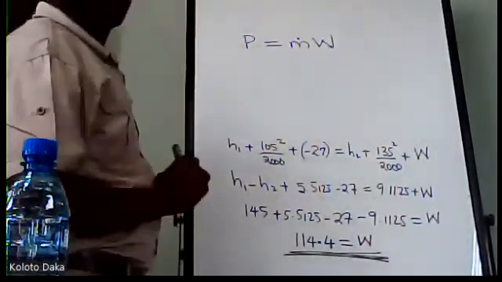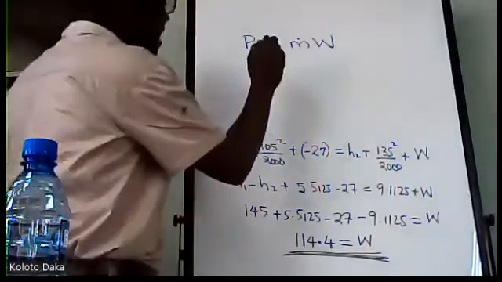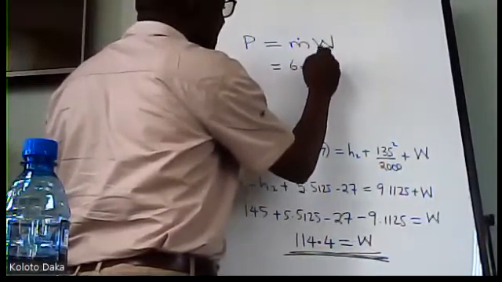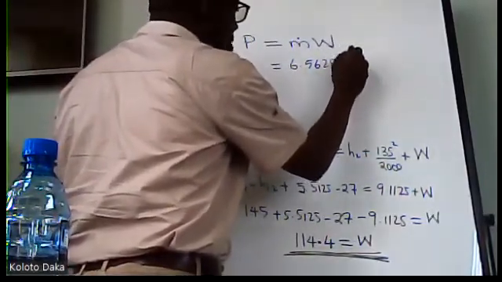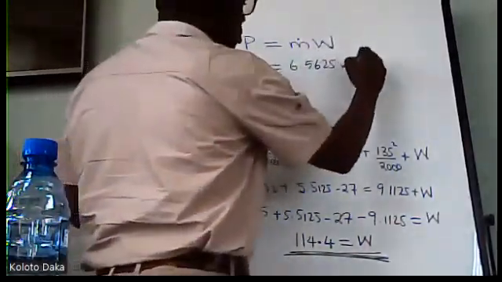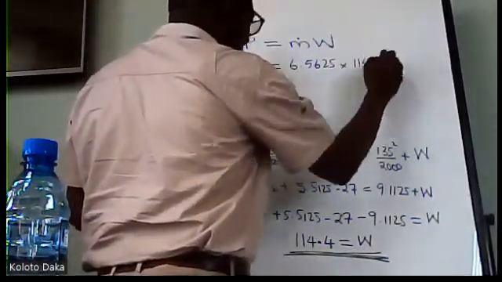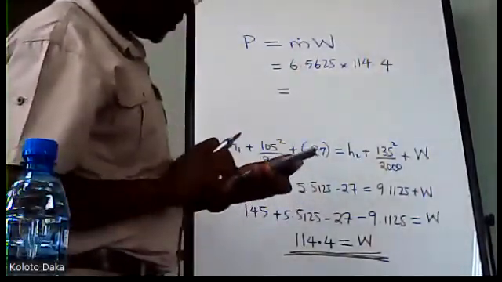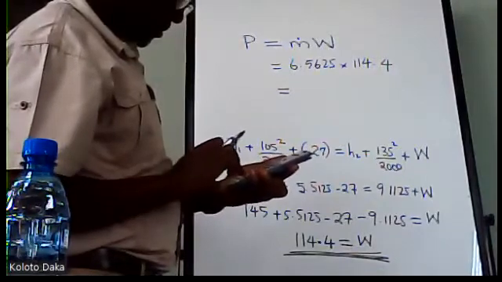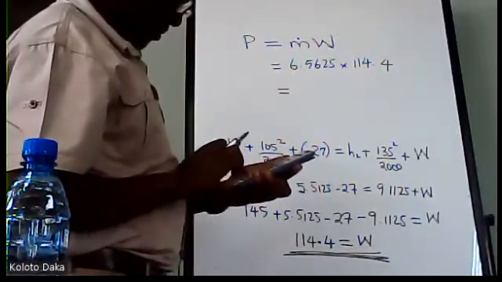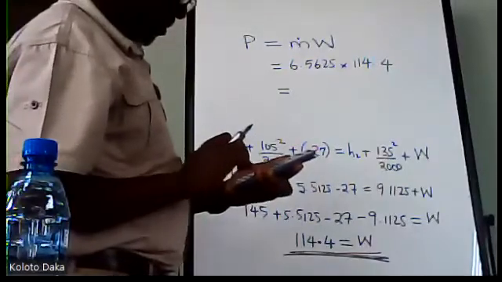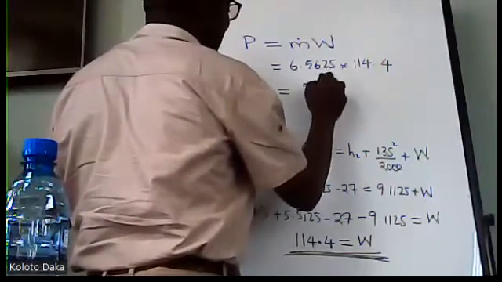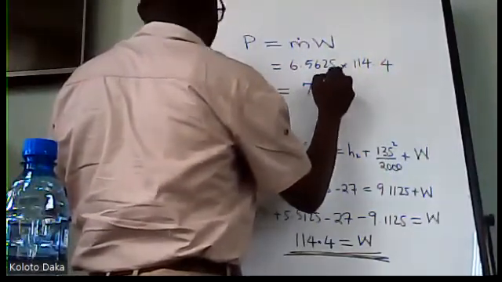The mass flow rate we found in part A, which was 6.5625, multiplied by work, 114.4. That gives 750.75, and this is the answer, even in the marking key.